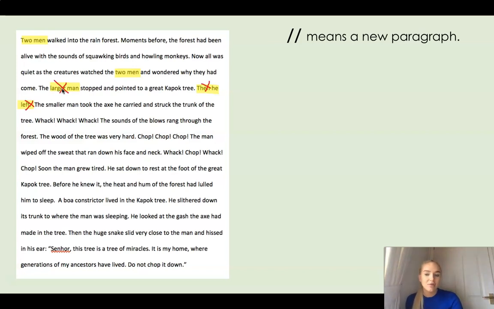But what I am going to do is put a paragraph break just between the words why they had come and the larger man, because that tells me that these first 3 lines and 1 word are all about the 2 men and they are walking into the rainforest. But then the larger man stopped and he pointed to a great kapok tree and then he left.